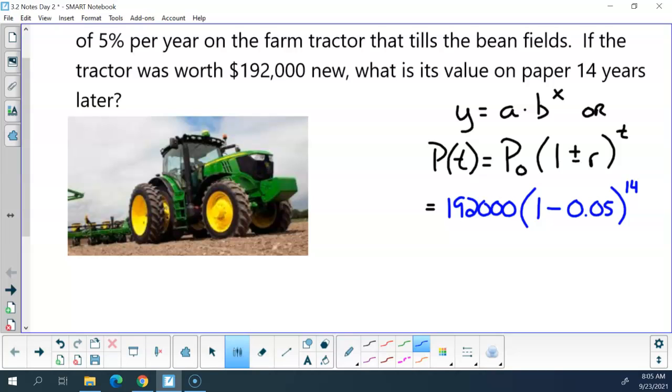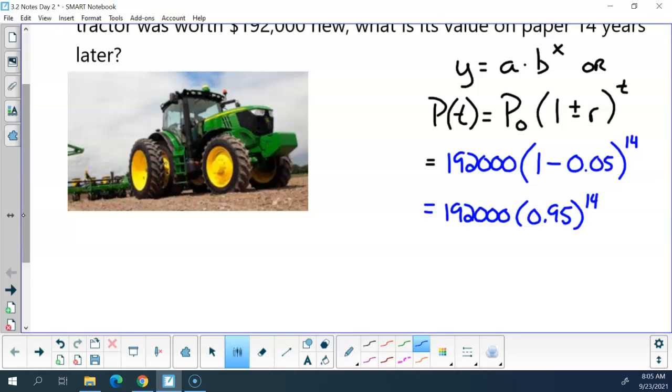So that's 192,000 times 0.95 to the 14th power, which gets me $93,633.60. Questions on that?